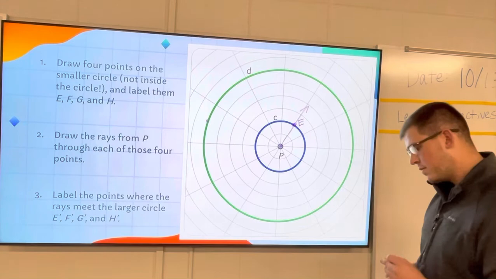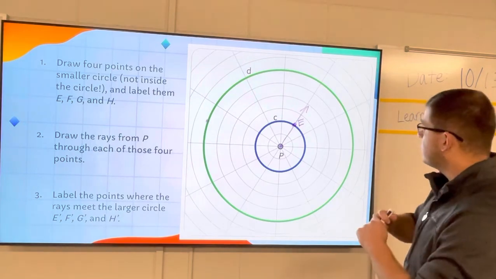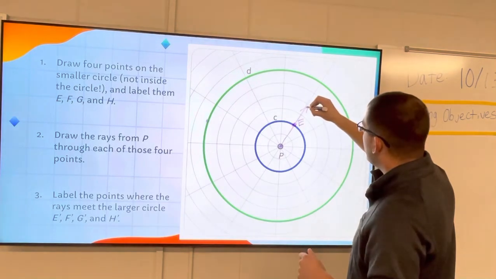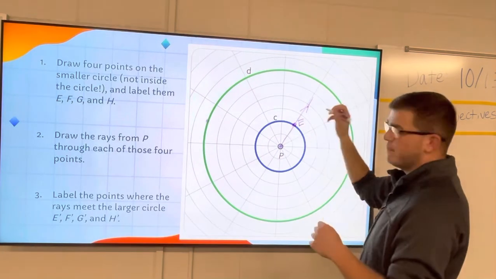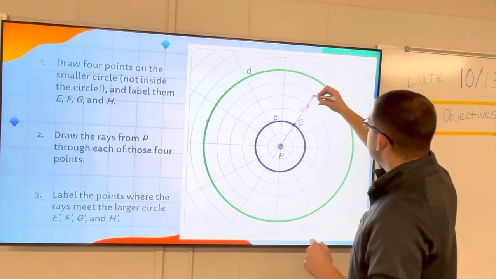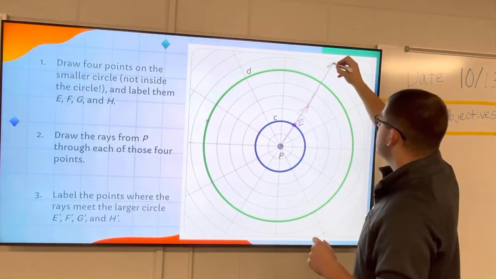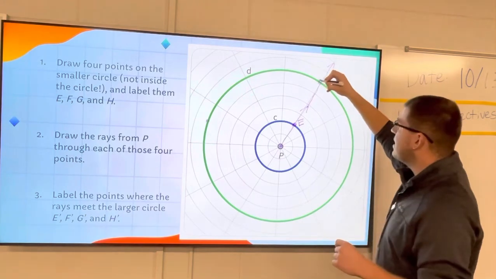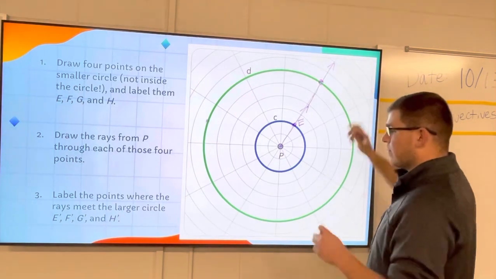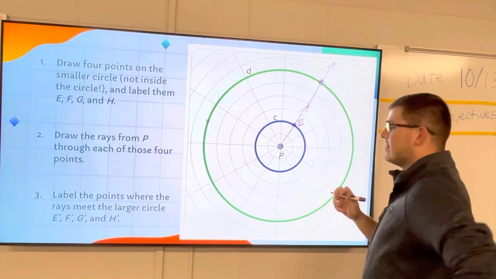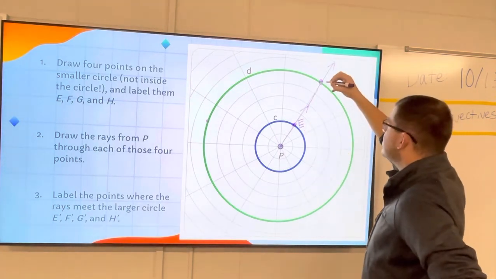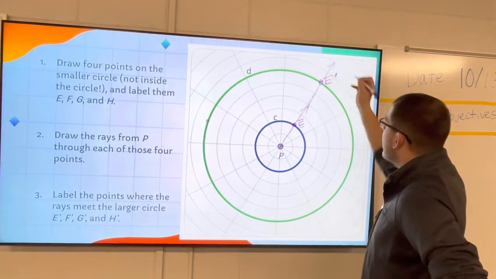Then I want you to continue that ray out, on that same line that intersects back to the center of dilation. Keep it going through circle D, this larger outer one. Wherever it intersects the circle, on the circle, I want you to label that point. If this is E here, I want you to label this E prime.